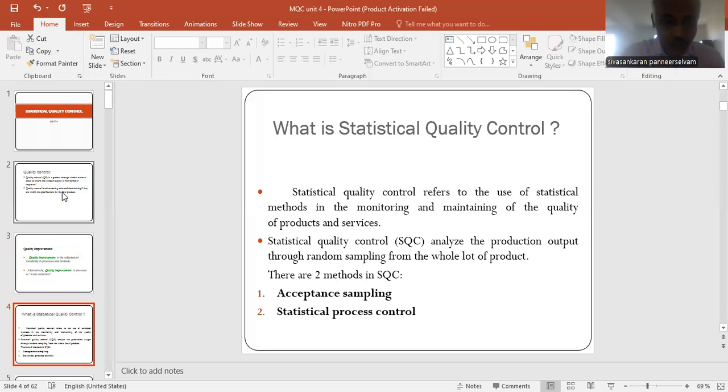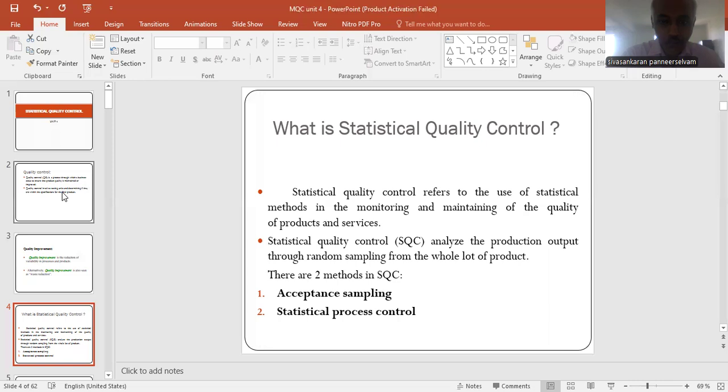Now with this little introduction, we will move on to the statistical quality control process. So what do you mean by statistical quality control? Say if I have 10 data with me, I just want to check all the 10 data whether it is workable or not. So I have to go by statistical comparison by plotting charts with the help of graphical representation.